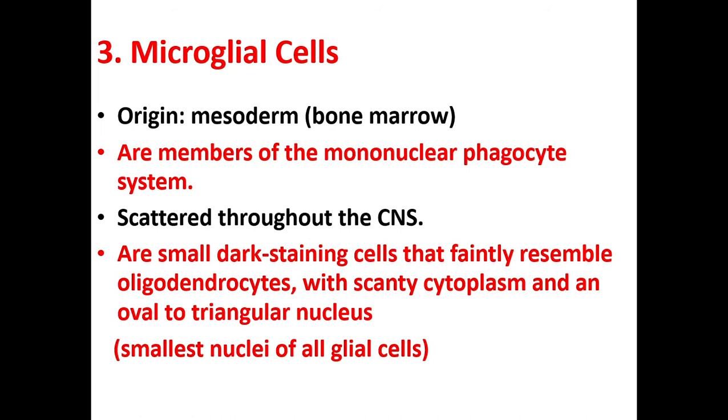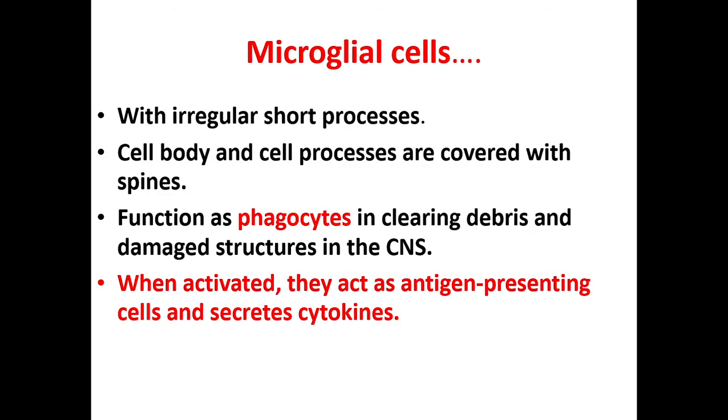The largest are the astrocytes and the smallest are the microglial cells. The microglial cells have irregular short processes. The cell body and cell processes are covered with spines.